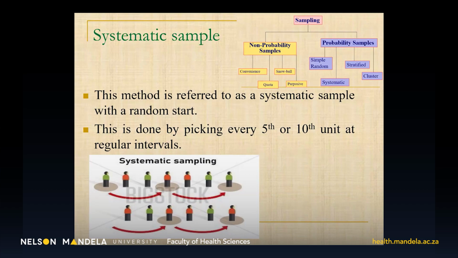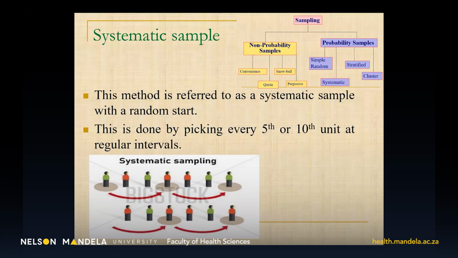This is systematic sampling, and I've given you a picture here. You can have people in a queue like that. You want to ask them questions, maybe picture these long queues at a bank. You want to ask people about the services that they get from this particular bank. So you've got a very long queue. Now you can't ask everybody, but you want to use systematic sampling.